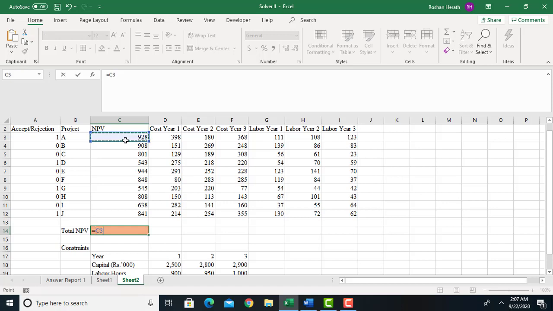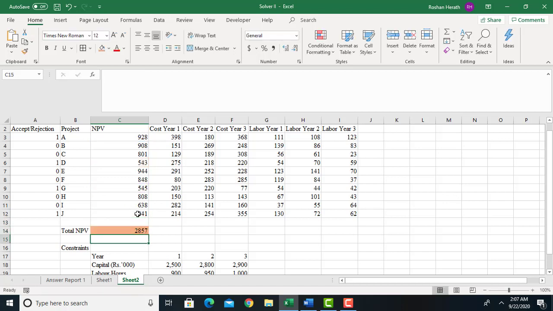So 928 is something that I'm going to get, plus 543, and 545 another one, and 841 another. So I'm getting the total NPV, and that is perfectly fine.